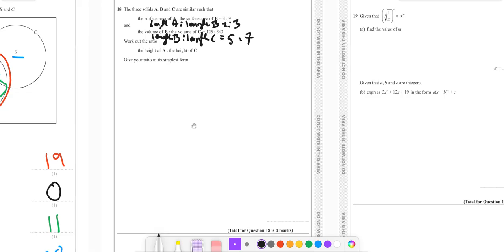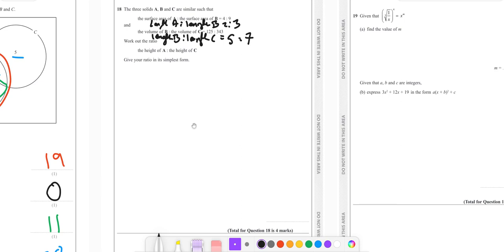Okay, work out the ratio of the height of A to the height of C. So I could multiply, I want to get B to be the same.